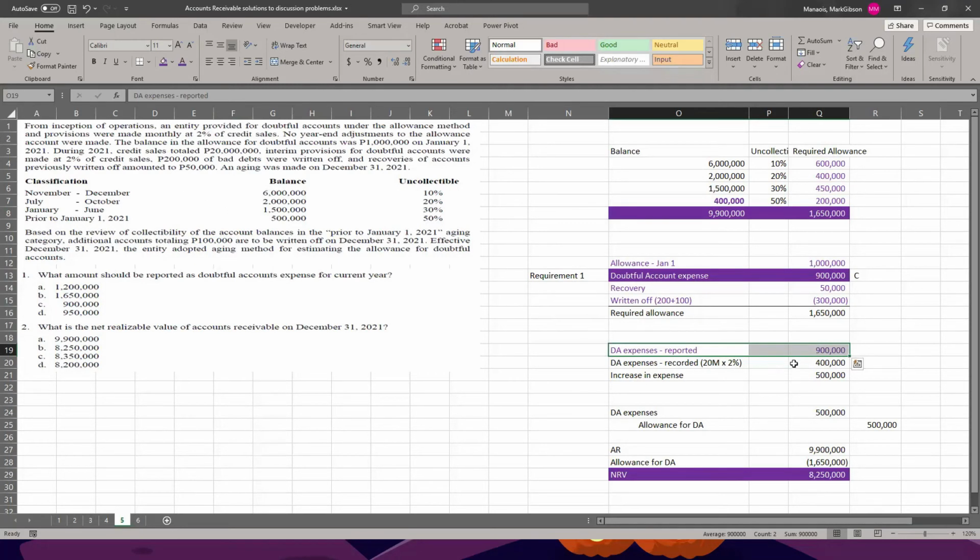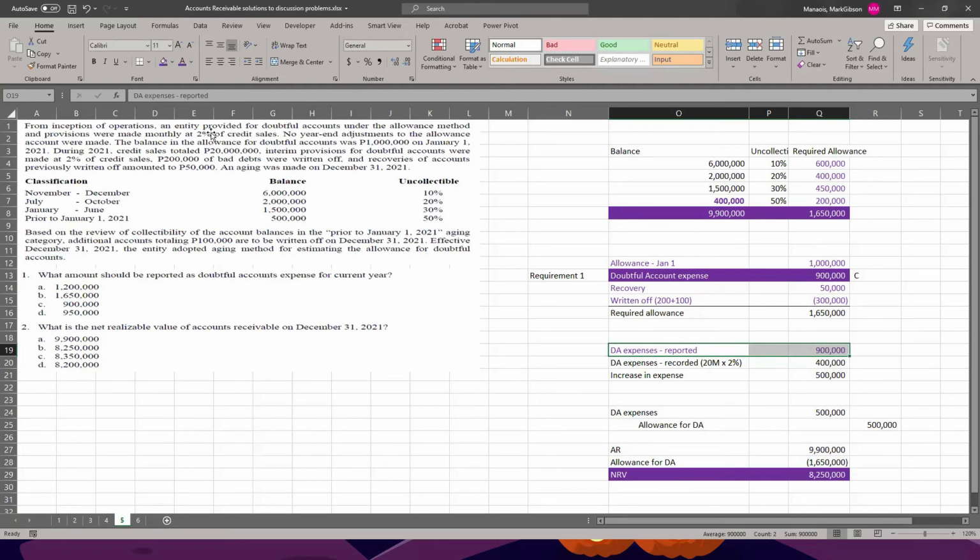This is the previous method, because they only decided to change the method effective December 31, 2021. Meaning throughout the year 2021, what they used to account for doubtful account expense was the percentage of credit sales. So how much are the credit sales? That's 20 million multiplied by 2%.